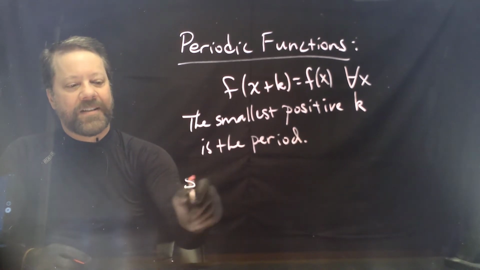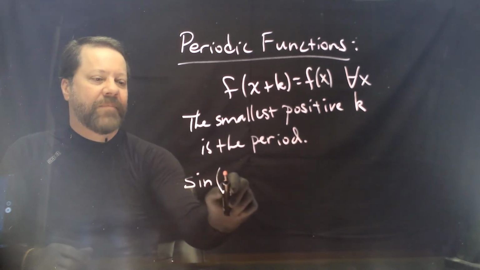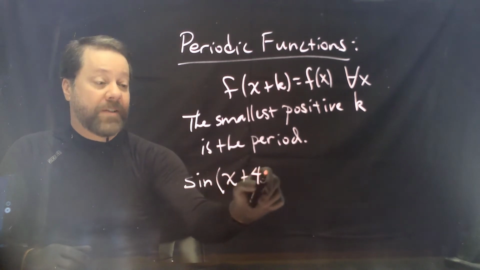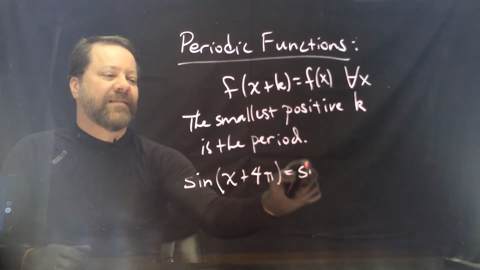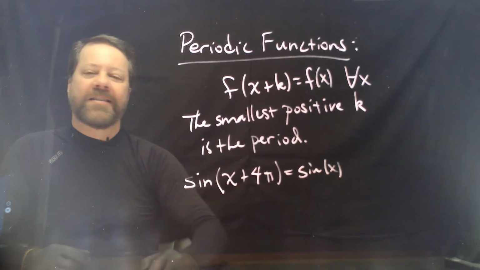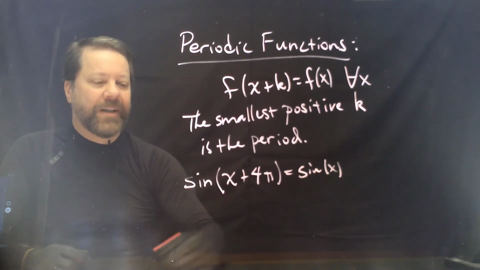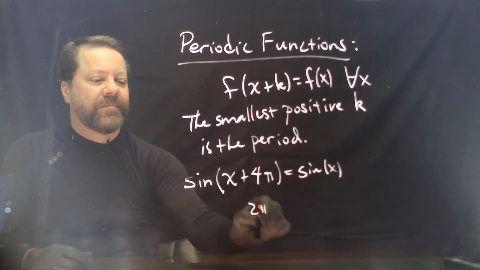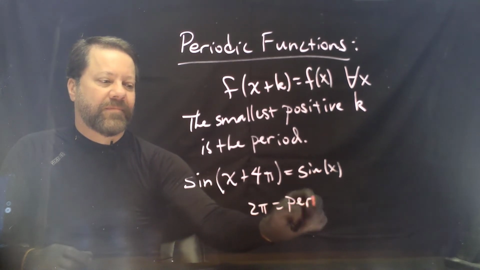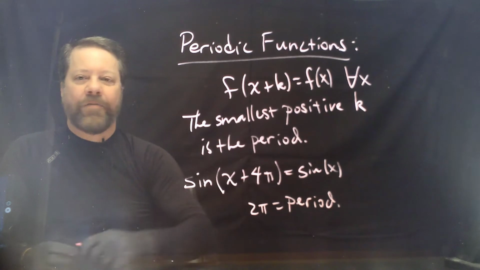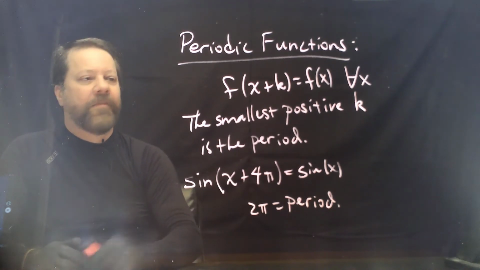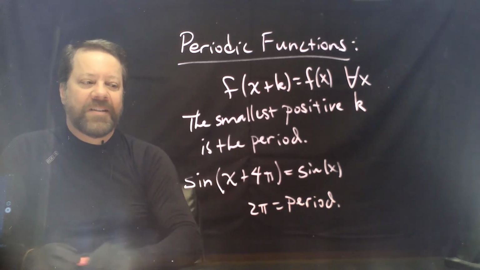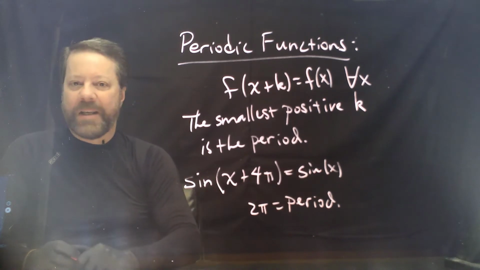So, for instance, we know that sine of x plus 4 pi is the sine of x, but 4 pi is not the period. 2 pi is the period. Four pi is not the smallest positive value that causes the function to repeat.